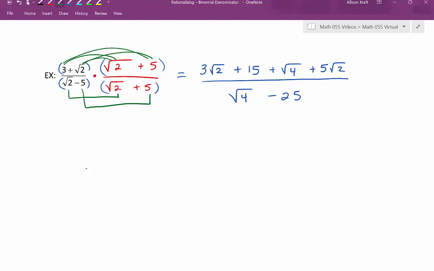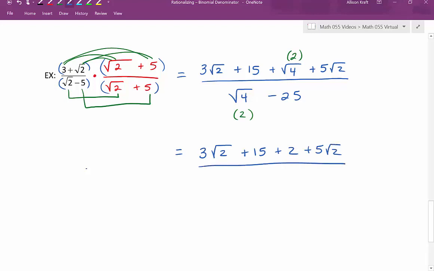The square root of 2 does not simplify in our numerator, but we do have the square root of 4, which simplifies down to 2. And we also have the square root of 4 in the denominator, which simplifies down to 2. We have 3 square root of 2 plus 15 plus 2 plus 5 square root of 2. And in the denominator, we have 2 minus 25.